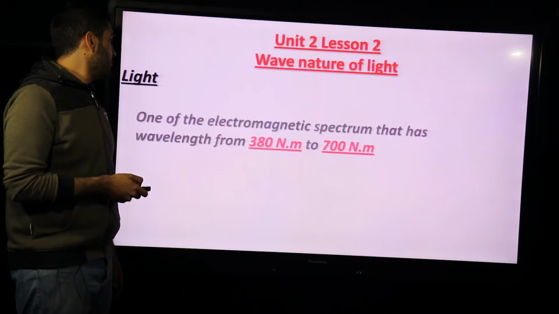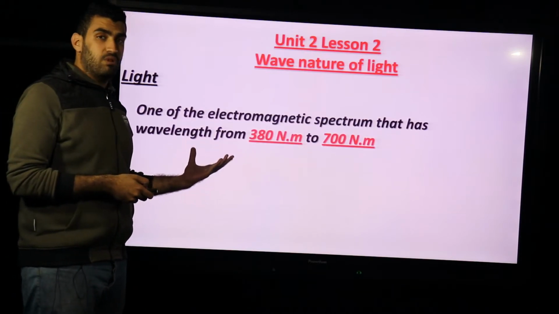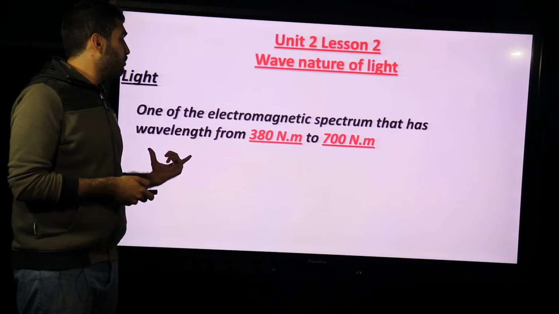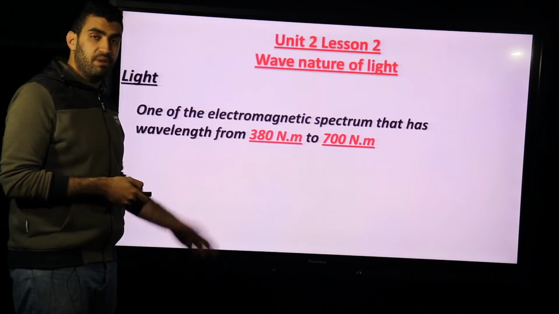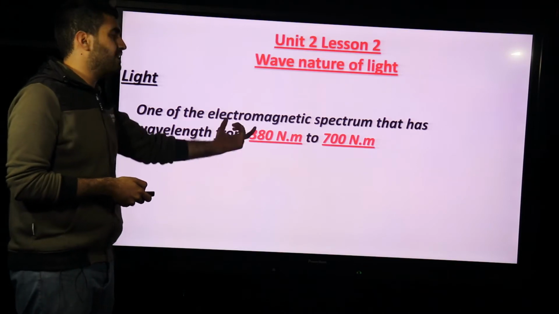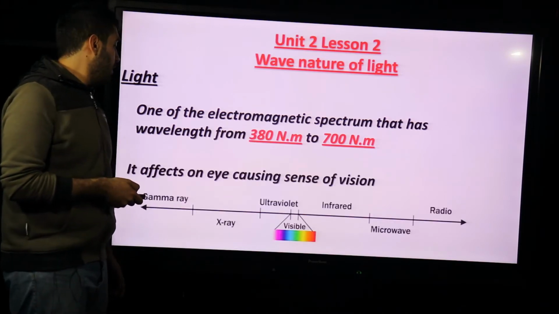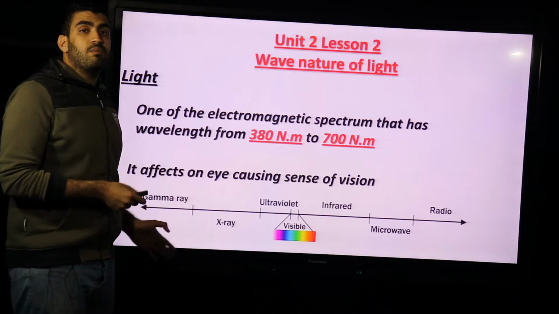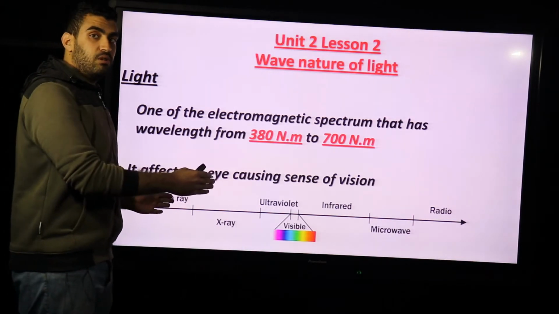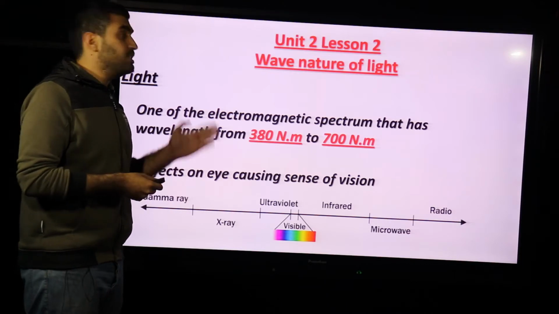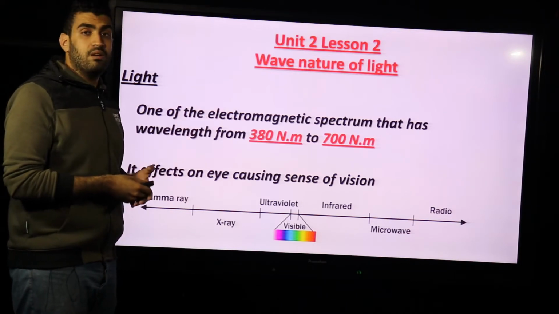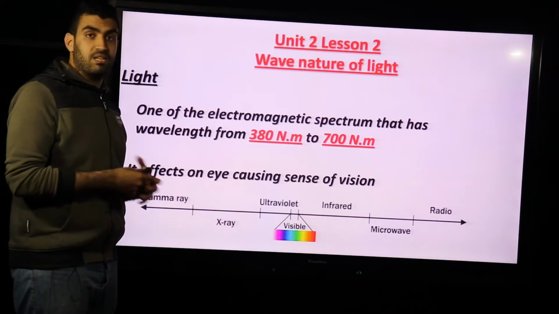What's meant by light? It's one of the electromagnetic spectrum that has a wavelength ranging from 380 nanometers to 700 nanometers. What's meant by electromagnetic spectrum? This is called the electromagnetic spectrum. It's a range which contains all the electromagnetic waves, and visible light is one of them, so it's found on the spectrum.